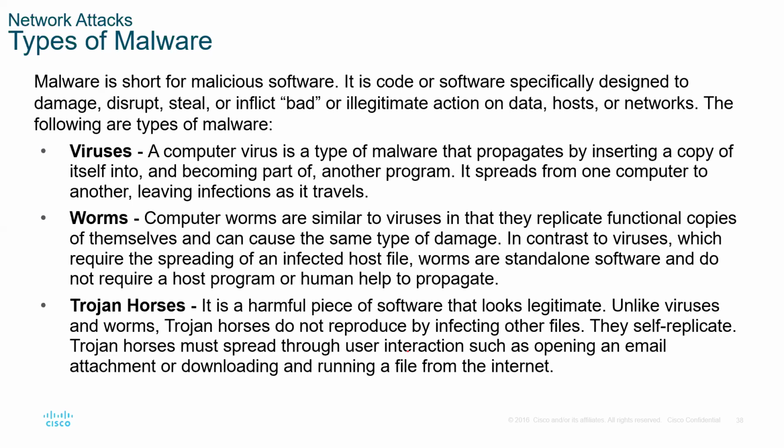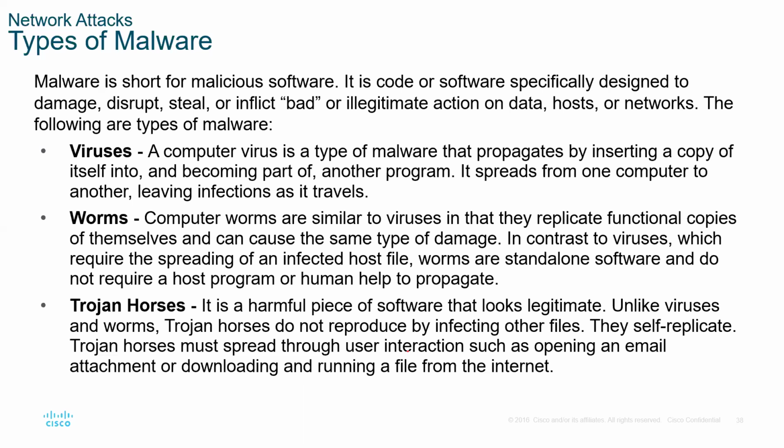Worms are similar to viruses in that they replicate functional copies of themselves and can cause the same type of damage. In contrast to viruses, which require spreading of an infected host file, worms are standalone software and do not require a host program or human to propagate. It usually propagates itself on a network. Once it senses that you're on a network, it can move across the local network.